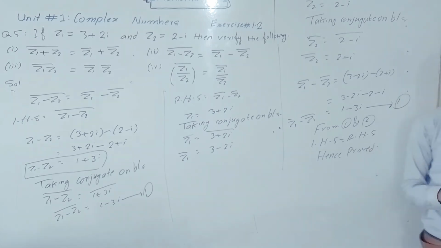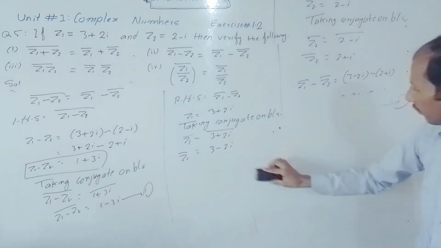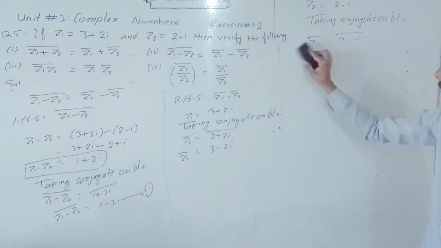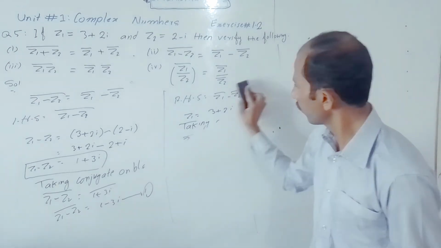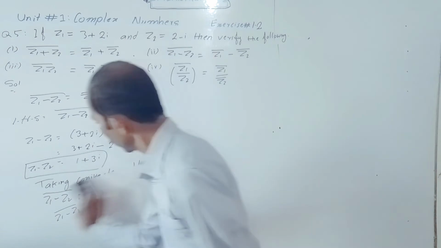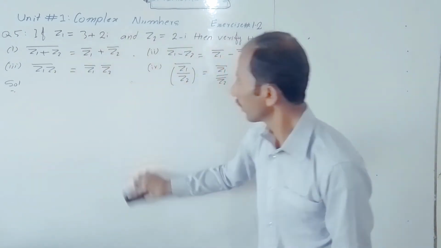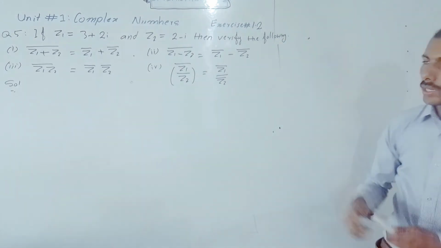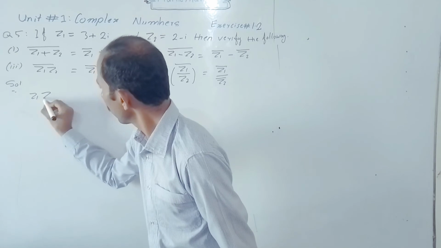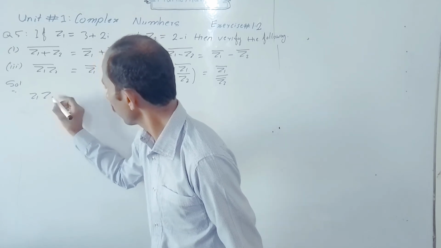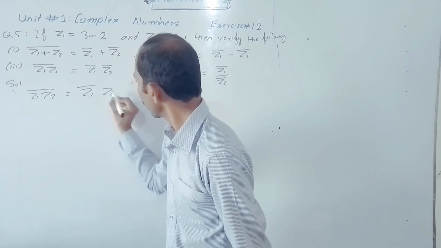So next, part number 3, that is (Z1 Z2) whole conjugate is equal to Z1 conjugate Z2 conjugate.